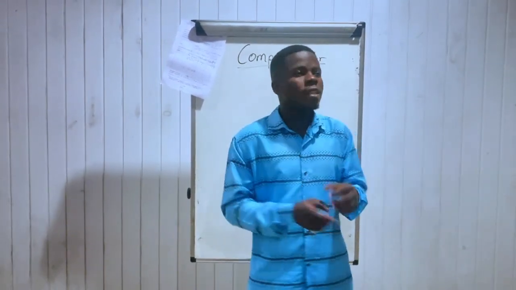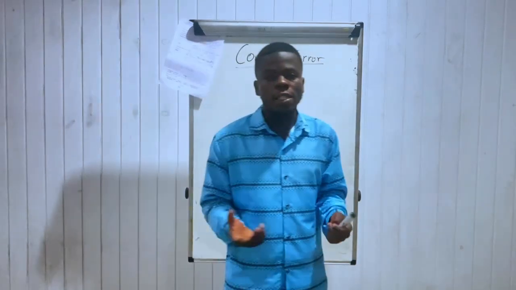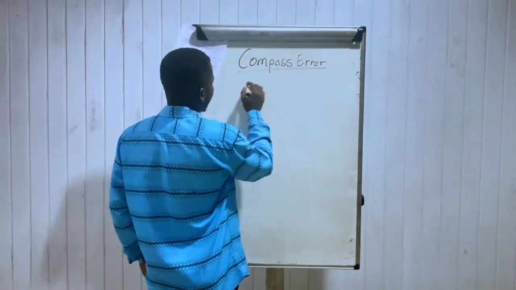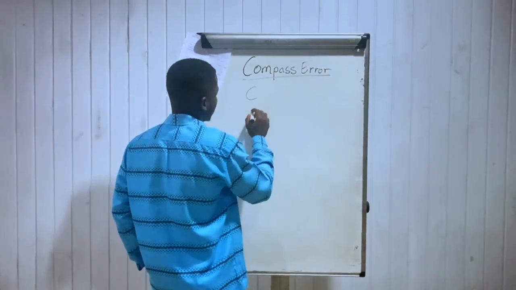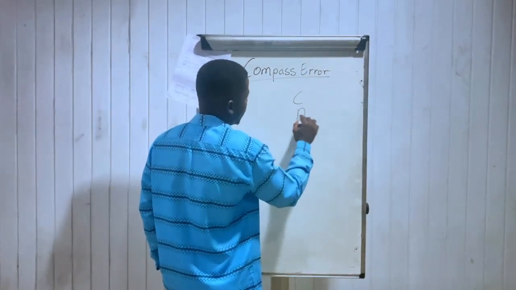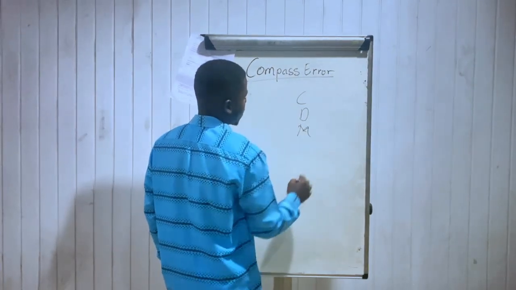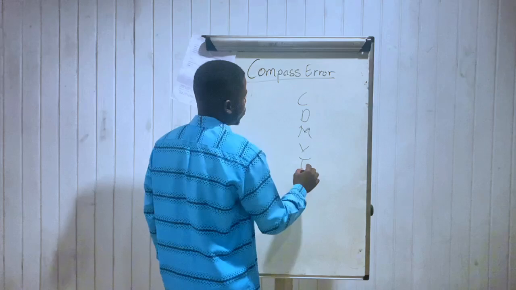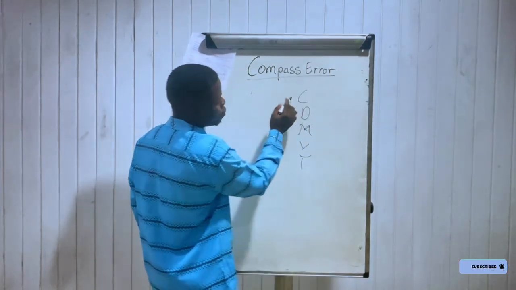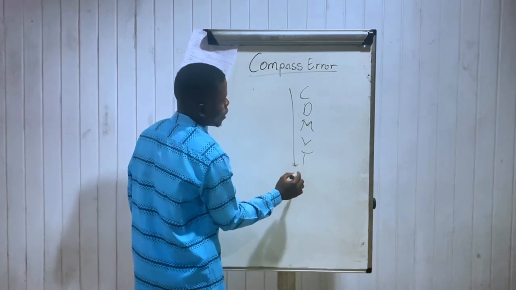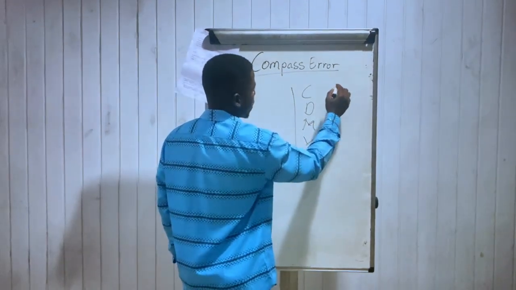Before we start, we have to know this: compass, deviation, magnetic, variation, and true. You have to know how to calculate from compass to true, and true to compass.